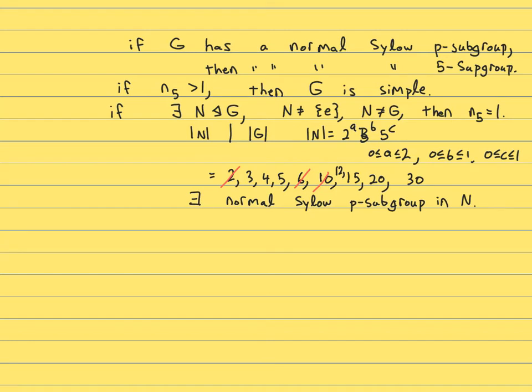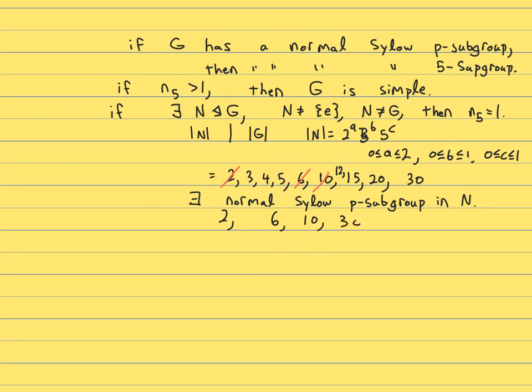Then, in fact, your Sylow P subgroup is a Sylow P subgroup of your larger group, and by the previous lemma we've already stated, you must contain all of the Sylow P subgroups, which means that there's only one Sylow P subgroup in the larger group, and therefore it's a normal Sylow P subgroup in the larger group, and then this lemma applies. So the only cases that are harder are when you're talking about 2, 6, 10, and 30.